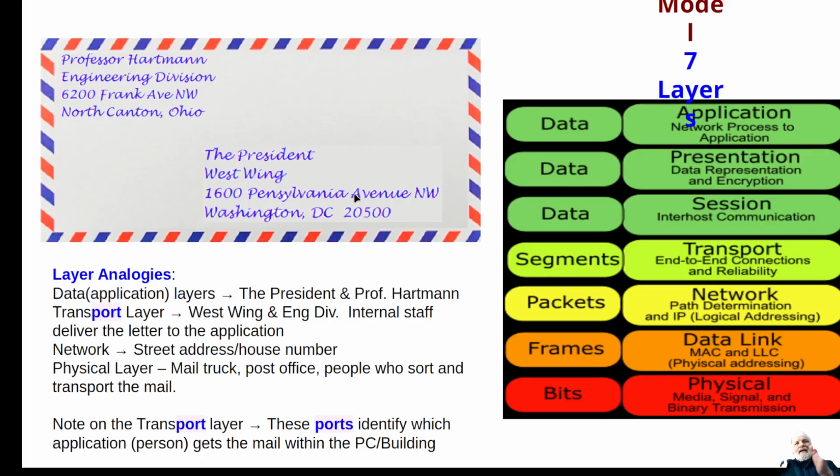There's a lot of houses on this street, or buildings at least, businesses or something on Pennsylvania Avenue, and not just the White House. And so 1600 is the White House specifically on that street. So when we look at IP addresses here in a little bit, keep that in mind.